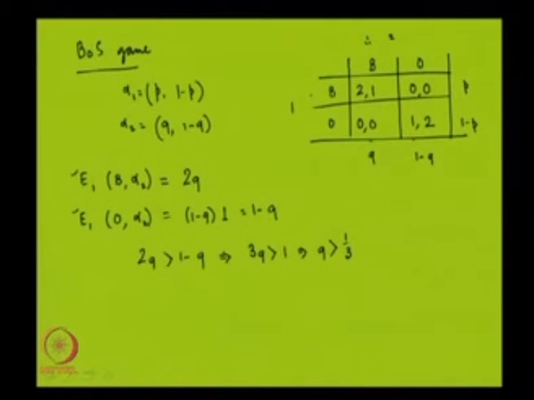And similarly, we can show that if it goes the other way, that is, if q is less than 1/3, then the expected payoff from O is going to be higher than the expected payoff from B, and in that case p will be equal to 0.